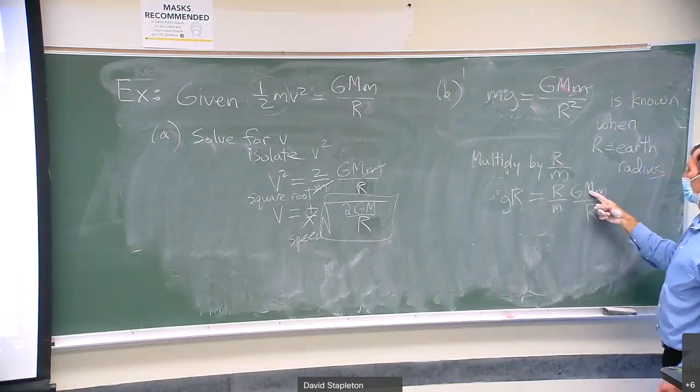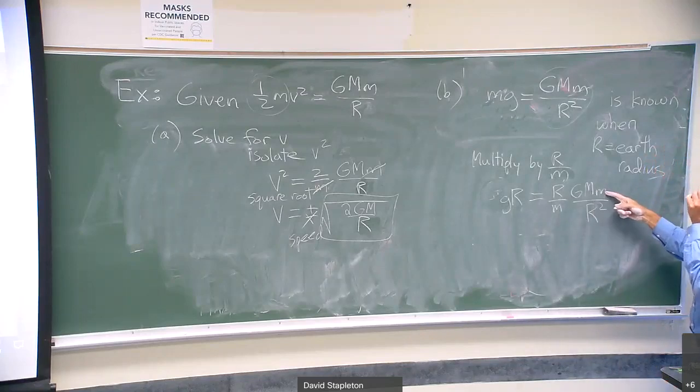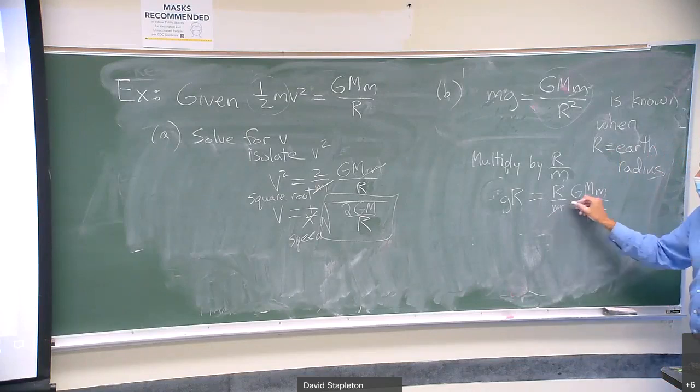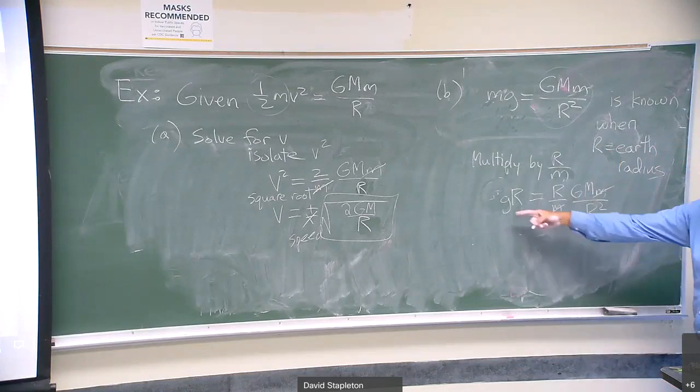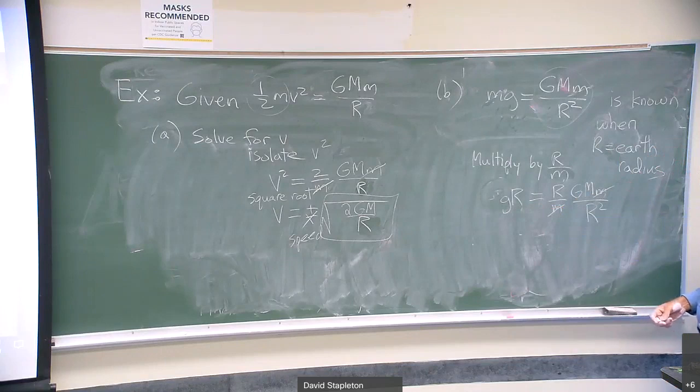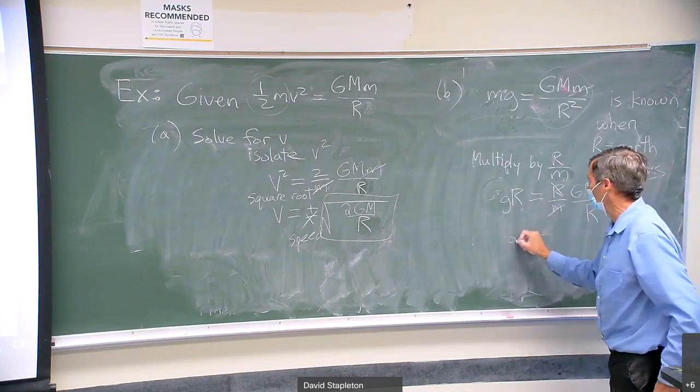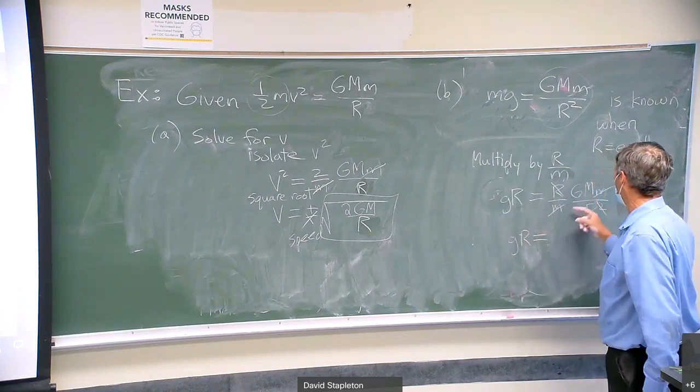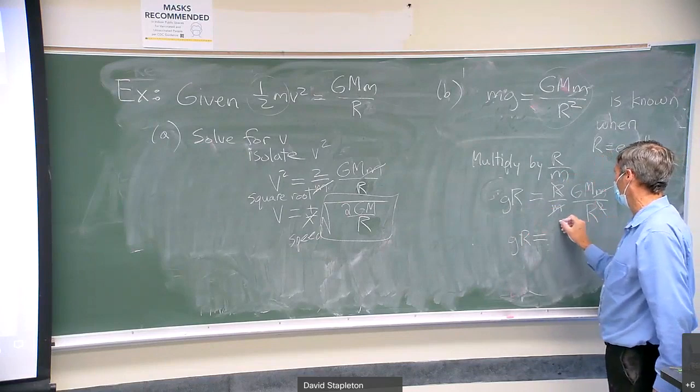The big M is the mass of the Earth, and the little m is the mass of your object that's trying to escape the Earth. So now you notice these cancel over here. I already canceled the m's on the left. And one of these r's cancels this one. And we get gr is equal to GM over r.